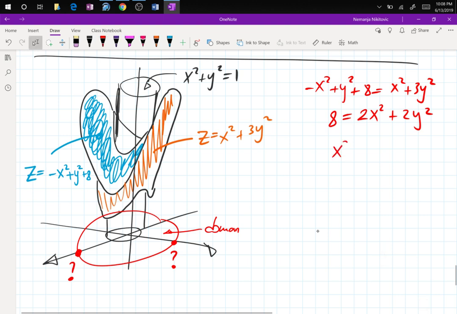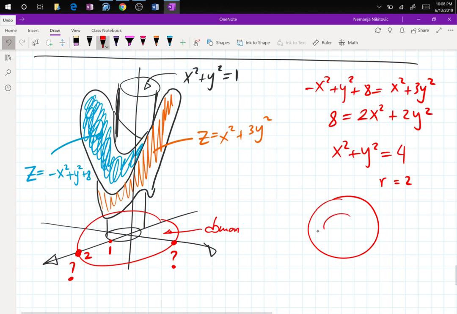And finally I get x squared plus y squared equals 4. Holy nightmare, it's 2. Nice. So now I know that this one is 2 and this one is 1. So my domain is these two circles. The first one is at 1, the second one is at 2, and the material is going around. So it has a hole. Well, that's going to be nice for limits.